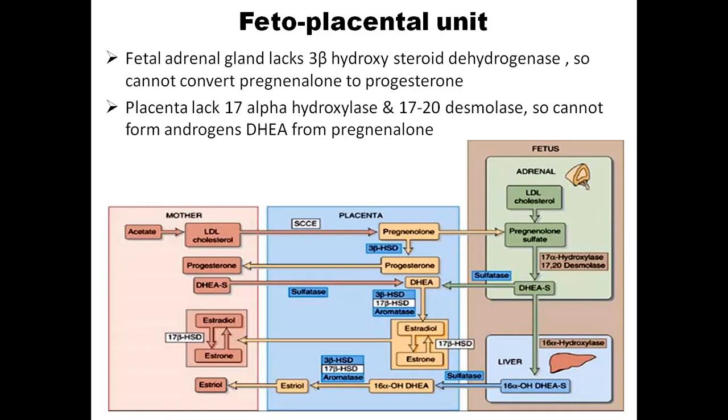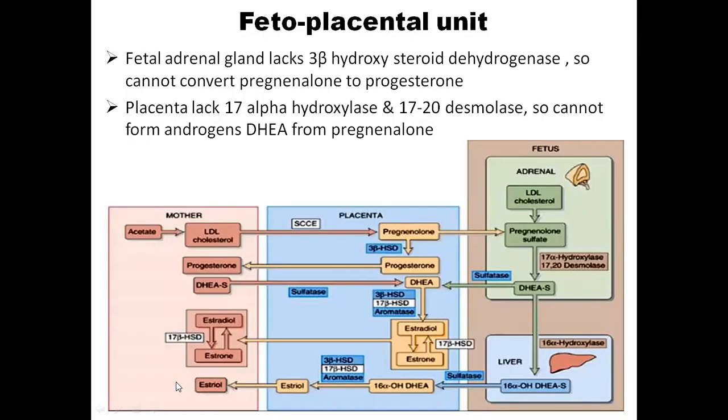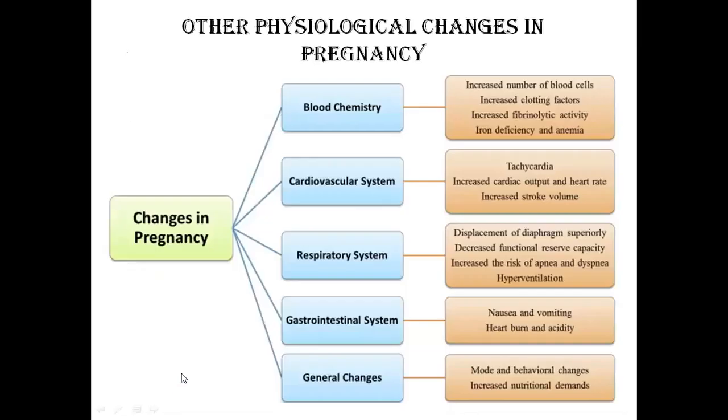And the steroid hormones, that is estrogen and progesterone, are very, very important for maintaining the pregnancy, and that can be produced by the interdependent function, or the joint effort, of the placenta as well as the fetal adrenal and liver.